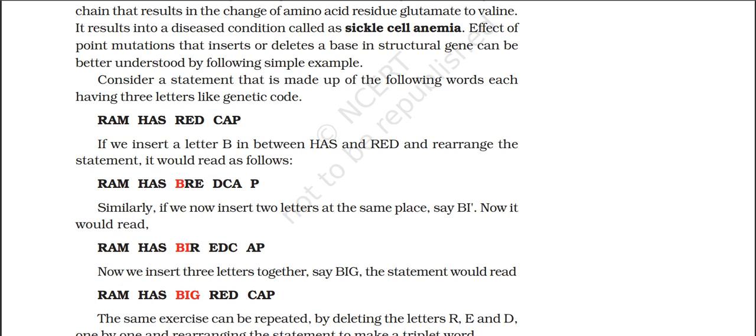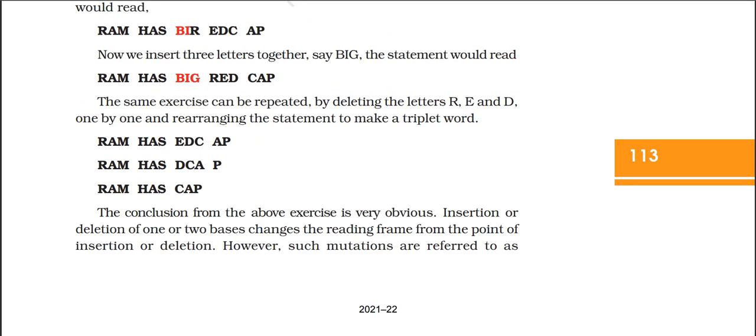Similarly, if we now insert 2 letters at the same place, say BI, now it would read, Ram has bir edc ap. Now we insert 3 letters together, say BIG. The statement would read Ram has big red cap. The same exercise can be repeated by deleting the letters R, E and D one by one and rearranging the statement to make a triplet word.